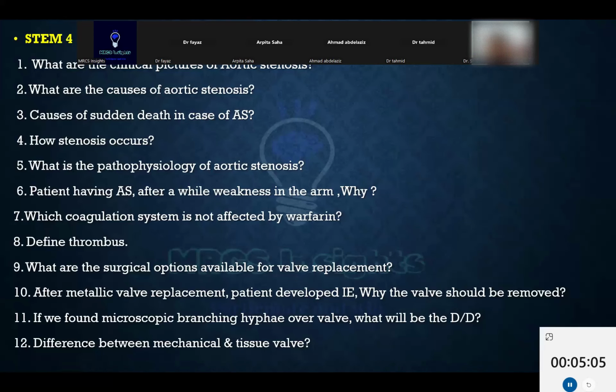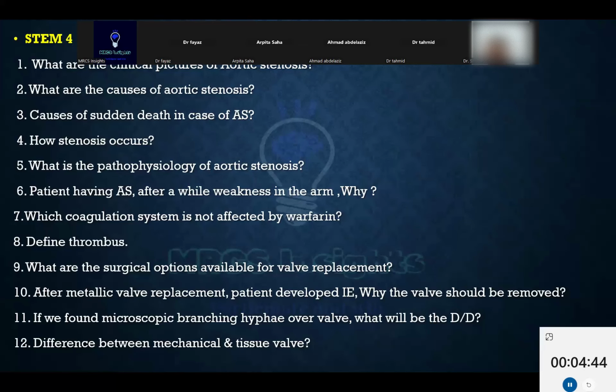And what are the surgical options available for valve replacement? There is surgical valve replacement, there is metallic valve, there is tissue valve, Ross procedure, there is transcatheter aortic valve replacement, and there is balloon valvuloplasty. Very good.